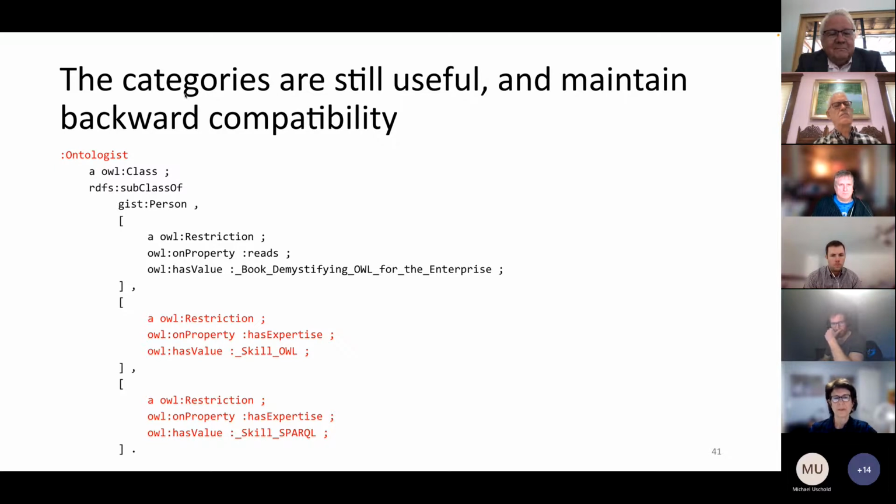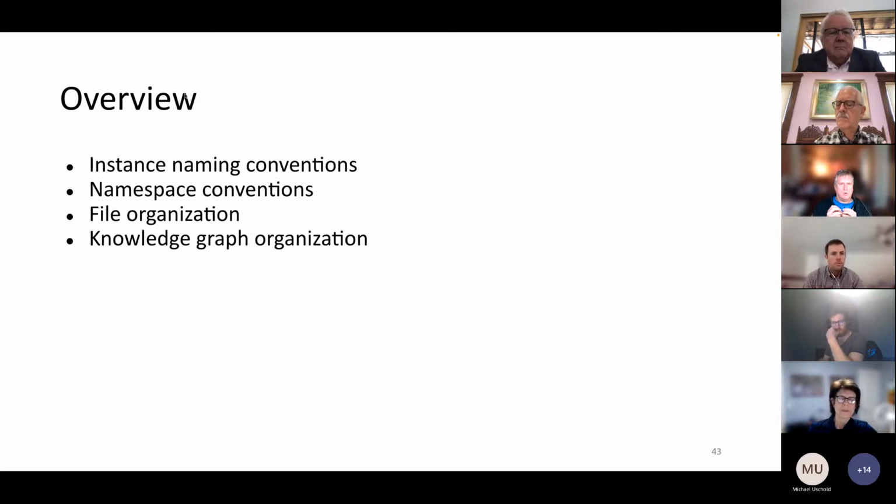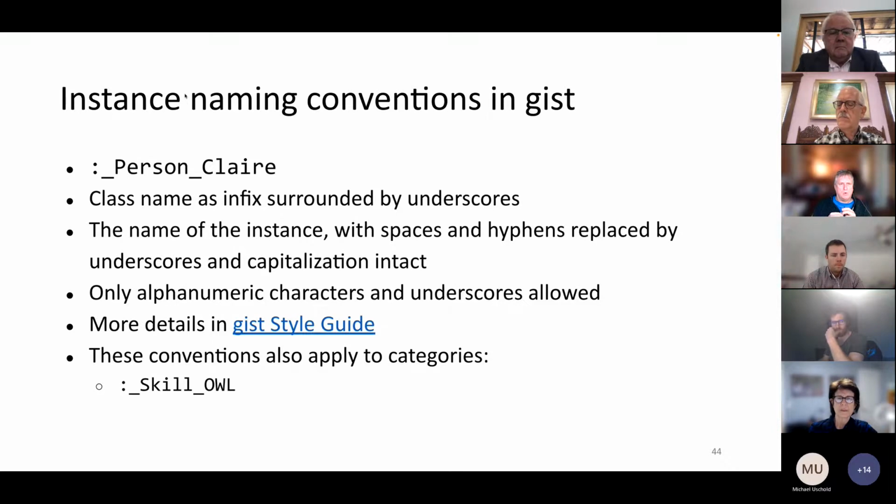So that would be more useful for, let's say, Semantic Arts, rather than just looking for somebody who has a skill in OWL. Semantic Arts is actually looking for an ontologist who has these and probably many other properties. Okay, and we went through the nuts and bolts, which are very interesting.